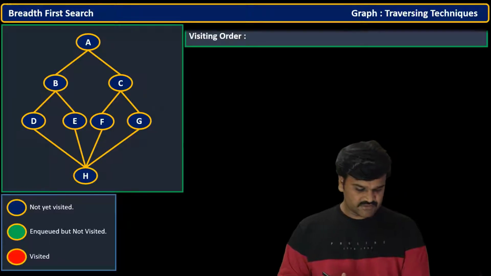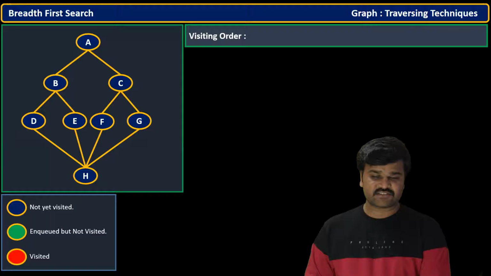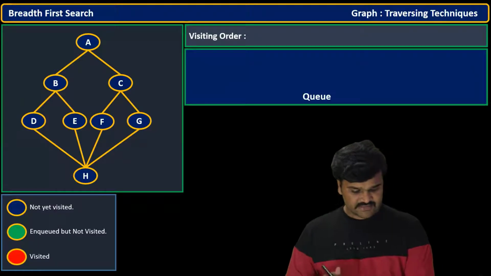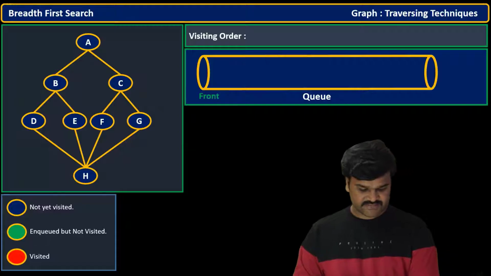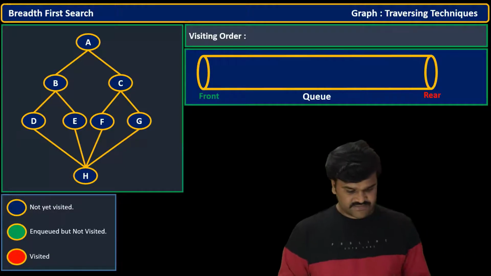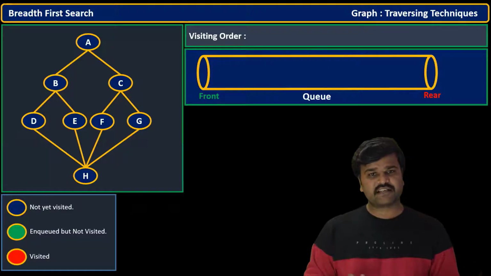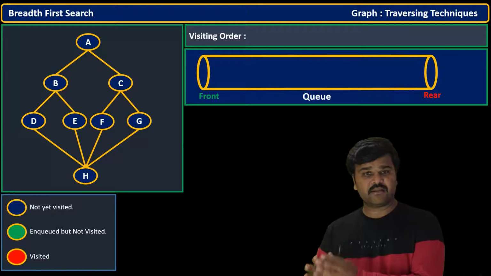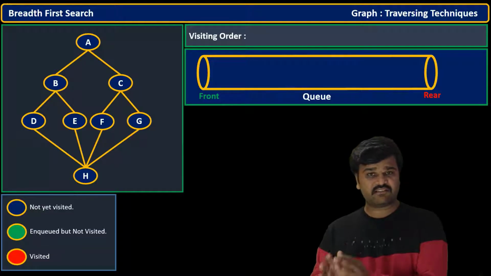Okay. Then let us see the visiting order. Let us note down the visiting order here, and then let us have the queue here. This is the queue data structure which is going to have front and rear. As we told, we can start the traversing from any vertex. Like in linked lists or trees, we have a default element where you have to start the traversing.